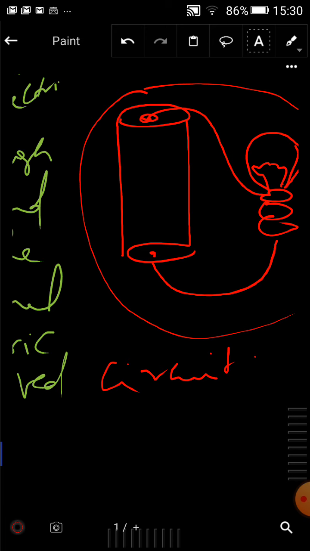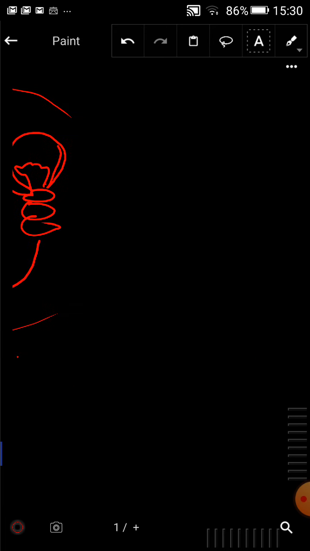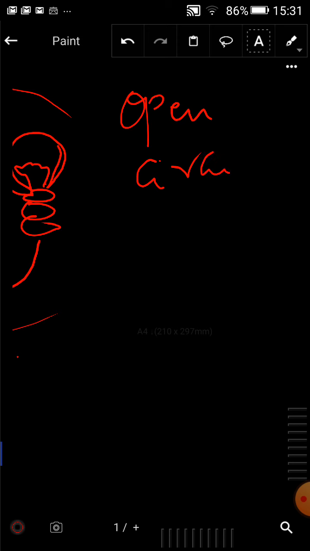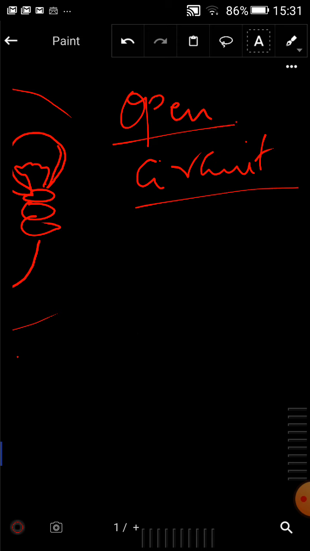Then what is an open circuit and what is a closed circuit? Open circuit is when there is no flow of current in a circuit.